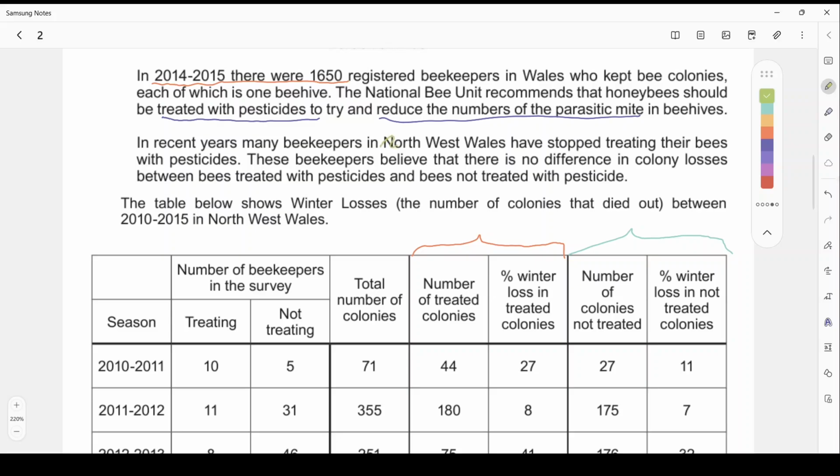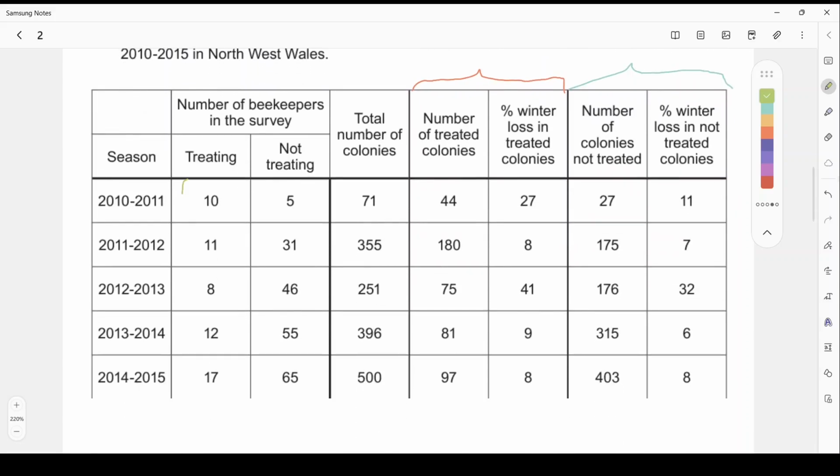And then it wouldn't be fair to make that conclusion for the entire population of bees, right? Another thing you can also say is, well, we have 1,650 registered beekeepers, but here, these are the amount of people that were involved in the survey. So you have a small number of people that are participating in this survey.